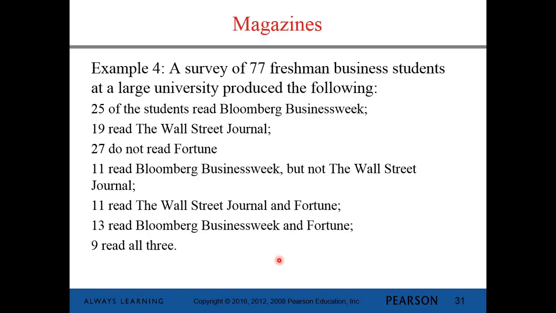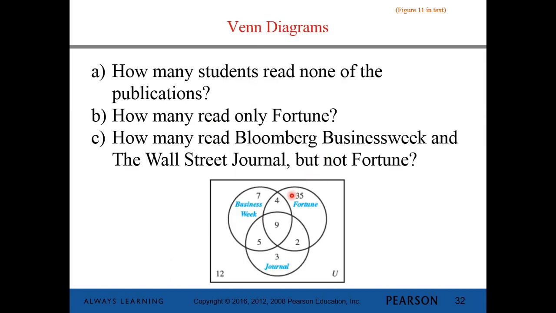Oh, go back. The Wall Street Journal. Hold on. Where's the Wall Street Journal? Oh, 19 read the Wall Street Journal. There we go. We got that one. So 19 read the Wall Street Journal. Well, we got these 3, right? So this is 16, which means 3 has to be in here.